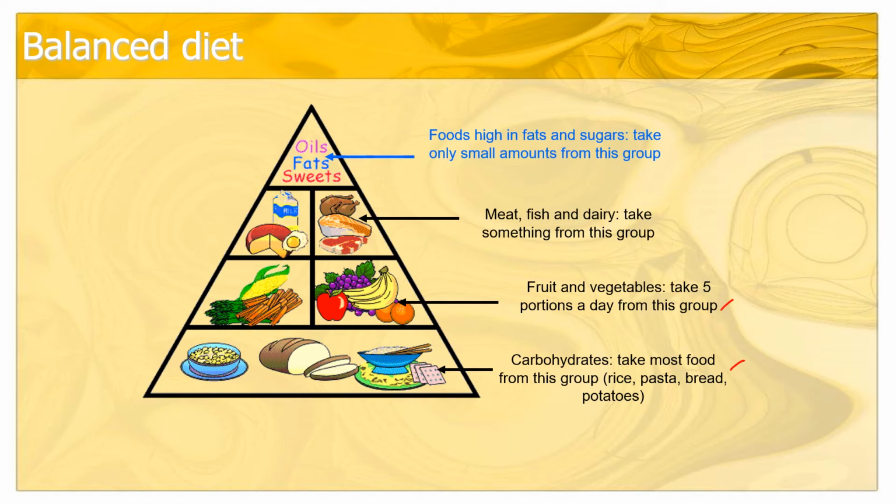We have to take something from the dairy and the meat group, and we have to take a small amount of food from the oils, the fats, and the sweets. Now, this shows us how we balance our diet on a daily basis.